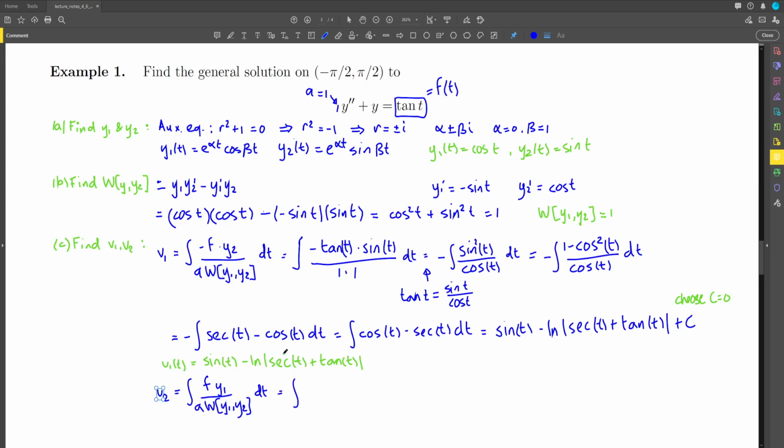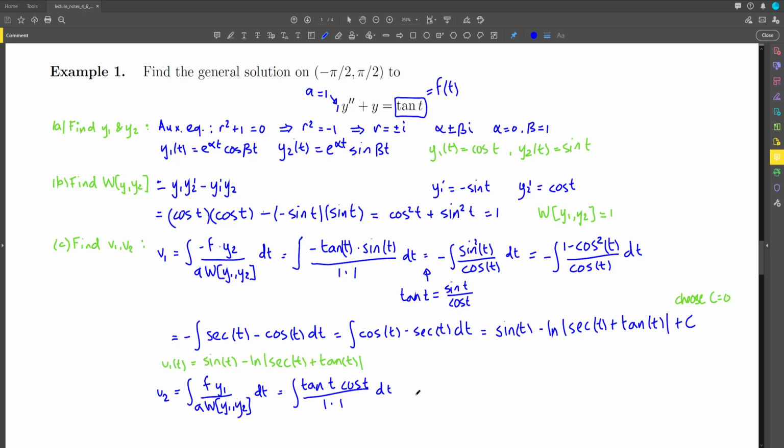And we saw previously that f is tangent of t and y1 is cosine of t. And then we divide that by a, which is 1, times the Wronskian, which is 1.